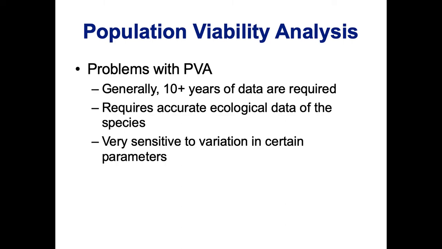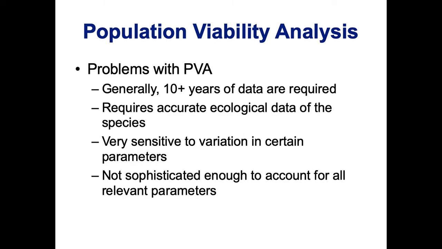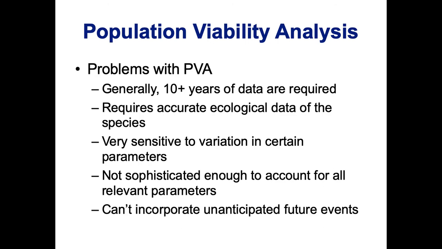PVAs can be very sensitive to variation in certain parameters, and we don't always know which ones those are until we have a lot of extra data. It's also not sophisticated enough to account for all relevant parameters. It's very difficult to put in all the different possible weather parameters, disease, predators, prey. Like, you start to get really complicated, and these models really aren't able to deal with that many things.